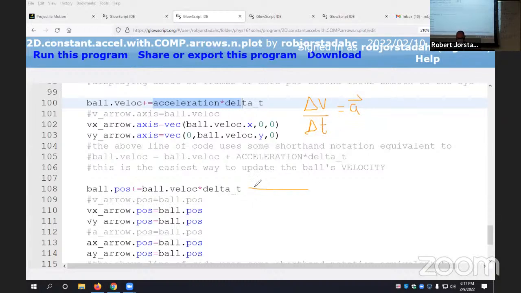This one right here, similarly, this is delta x over delta t equals v. And I know you're probably a little tired and bored of looking at code, but I want to emphasize one more thing here. This is going to be the same in pretty much every code we write. If you're trying to animate something, you just split this up into small steps and we animate it. So far, so good? Let's look at another one.